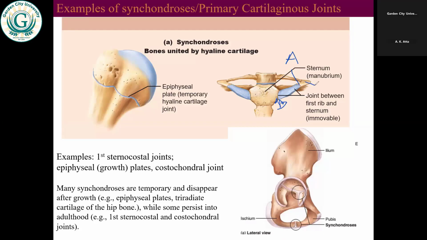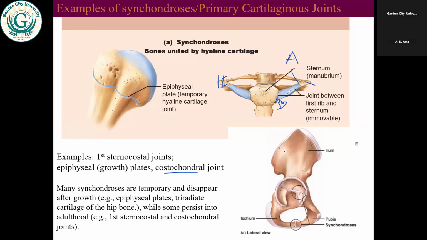This is not a clavicle. This is still the rib. This is the first rib. Oh, okay. So A is costochondral. Costochondral what? Joint. Then B is your sternochondral what? Joints. The sternum. Okay.